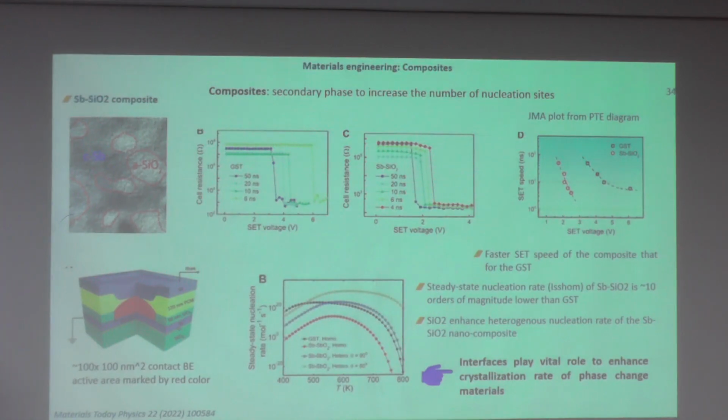So now let us look at composites. In this case, you can create a composite material consisting of, let's say, phase change material and another material like silicon dioxide. We know already from previous consideration that we have heterogeneous nucleation, so the phase change material can nucleate from the interface with amorphous silicon dioxide and can grow faster than without this additional material.